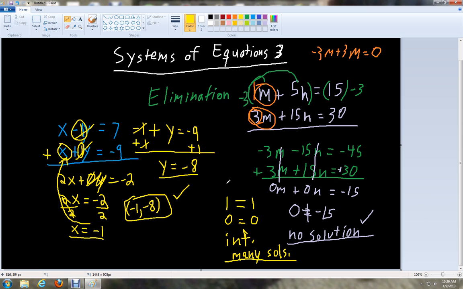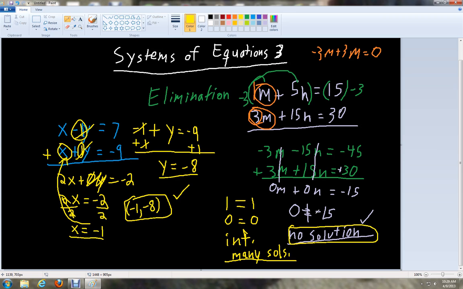And it kind of goes back to that first video when we were talking about the coinciding lines. This case would be for the coinciding lines, because both lines are basically tracing over each other, the same values. But in this system here, where we had no solution, this was a pair of parallel lines, right, where they don't meet.